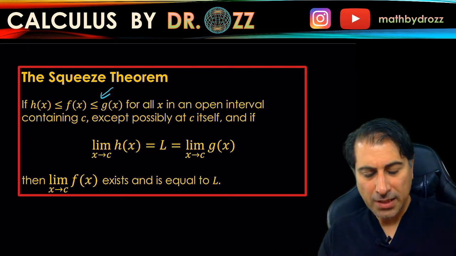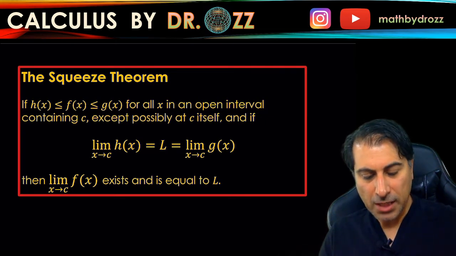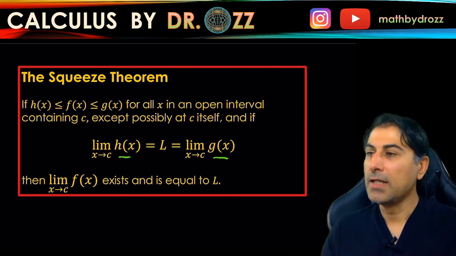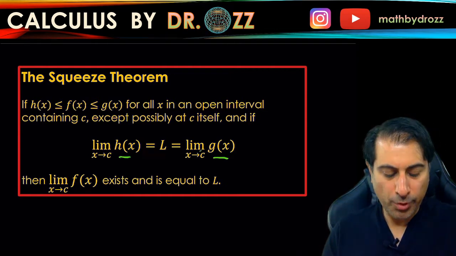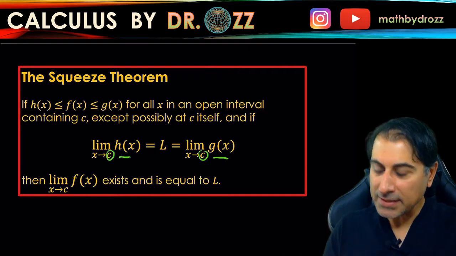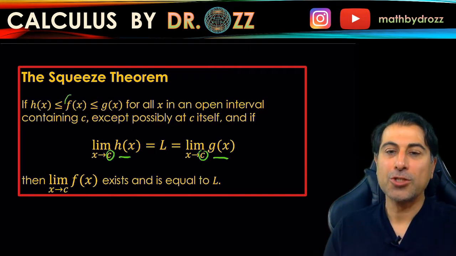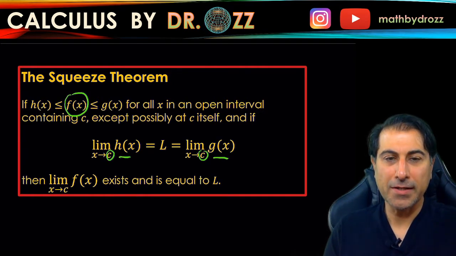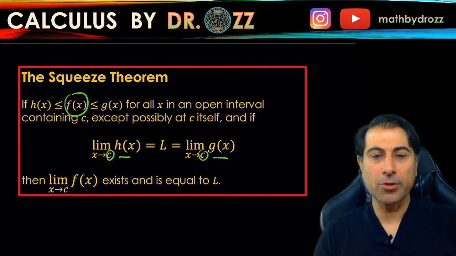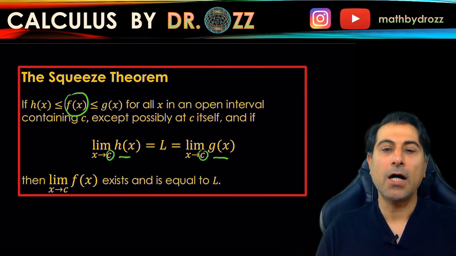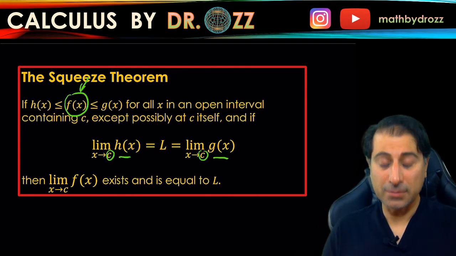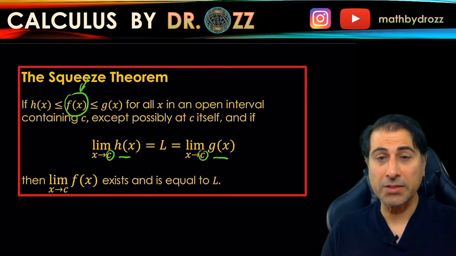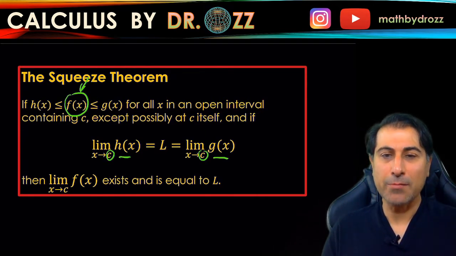And if the outer functions h and g have the same limit value L at the point c, then the squeezed one, which is f, should have the same limit value L. So if you can show that the outer limits are equal for the function satisfying the inequalities here, the squeezed one has to have the same limit.